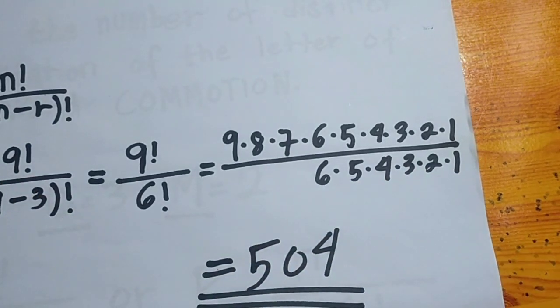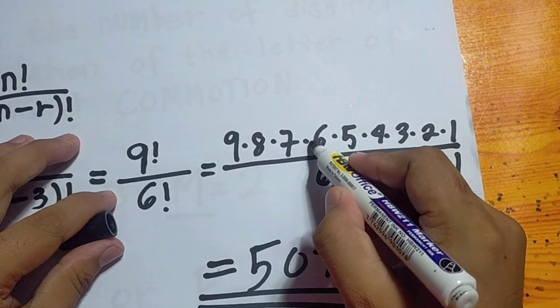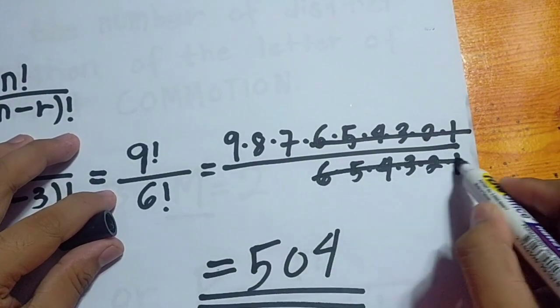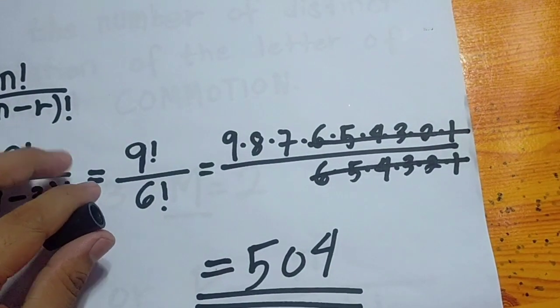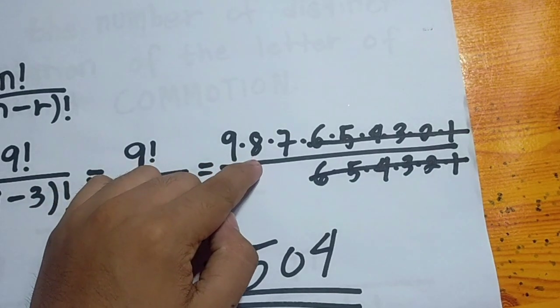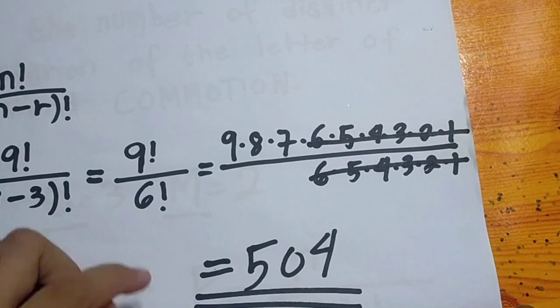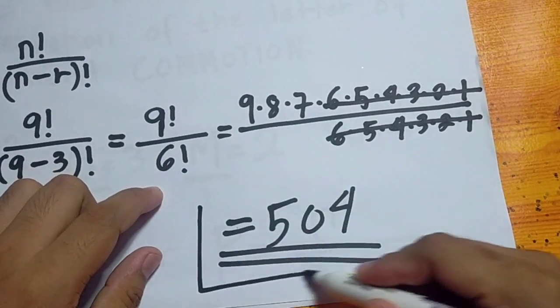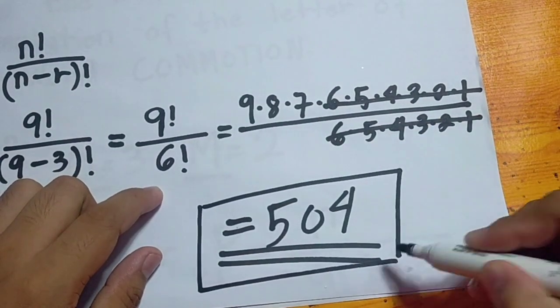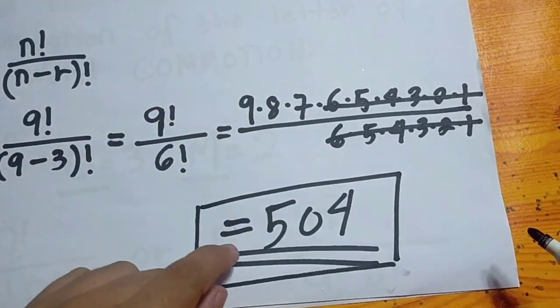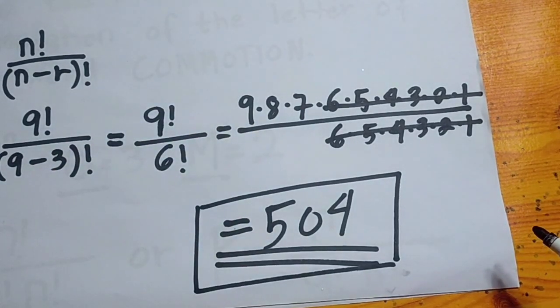So, we cancel it. Cancel. So, what remains is 9 times 8 times 7. When you compute that, the result is 504, because 9 times 8 times 7 is equal to 504. So, that is permutation without repetition or linear permutation.